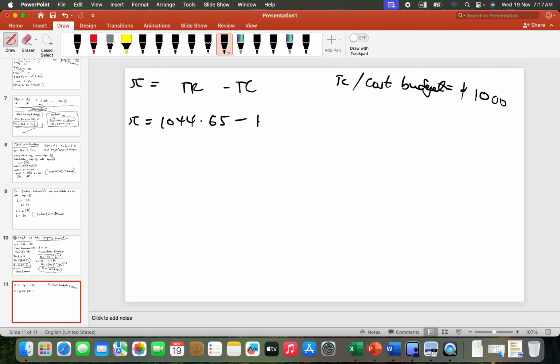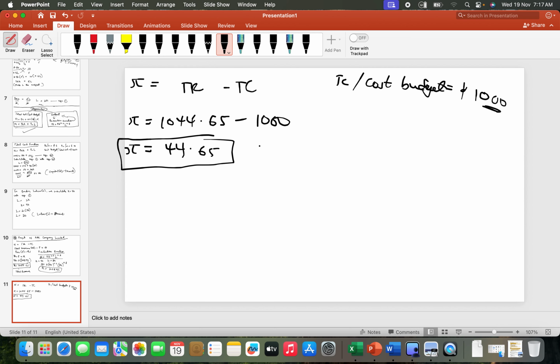So profit is equal to 1044.65 minus 1,000. That will give us profit to be 44.65. So this is the profit of ABC Company Limited.